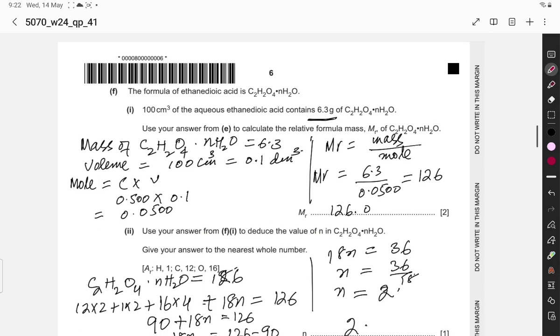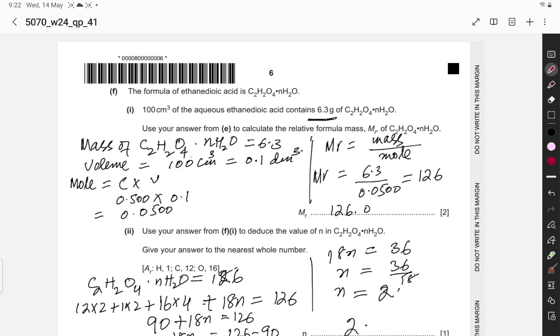The formula of ethanedioic acid is C2H2O4.nH2O. 100 cm³ of the aqueous ethanedioic acid contains 6.3 g of C2H2O4.nH2O. Use your answer from E to calculate the relative formula mass Mr of the C2H2O4.nH2O.